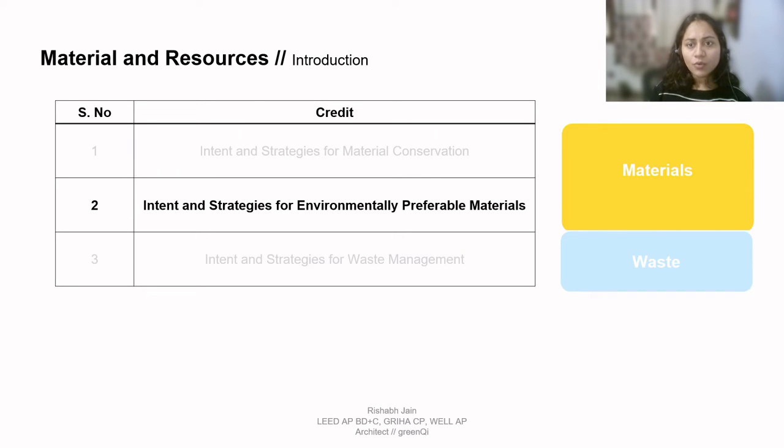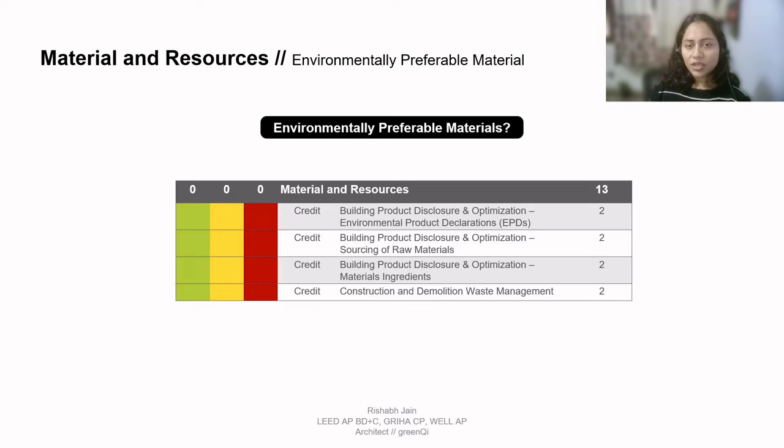So now we'll be moving to the intent and strategies for environmentally preferred materials, because we've discussed how we can conserve material and reduce the need for new materials. Now we'll be discussing which are the environmentally preferred materials, or what the criteria are for choosing them. In this category, we have credits which talk about building product disclosures and optimization.